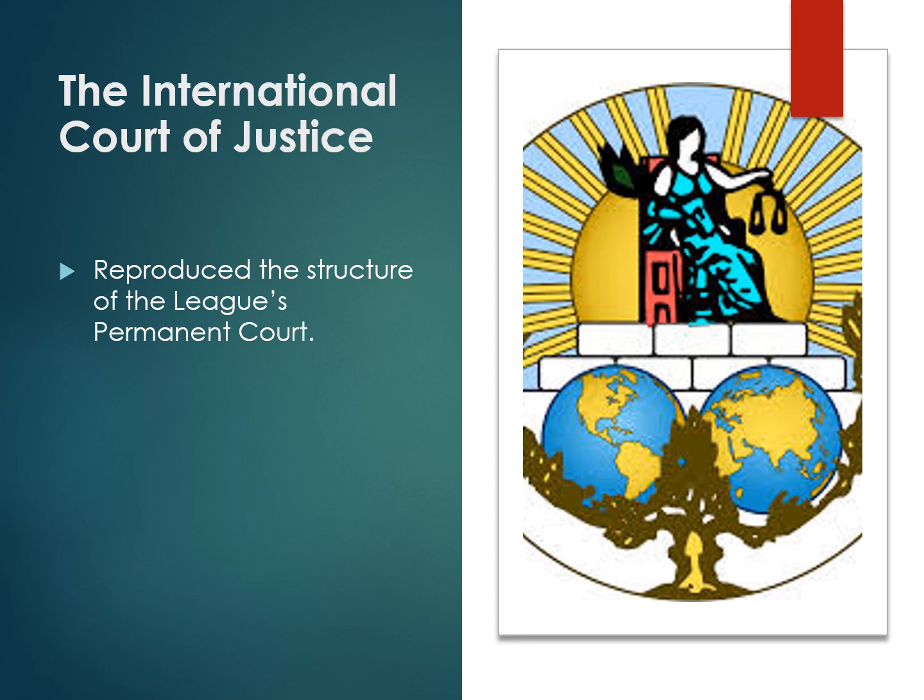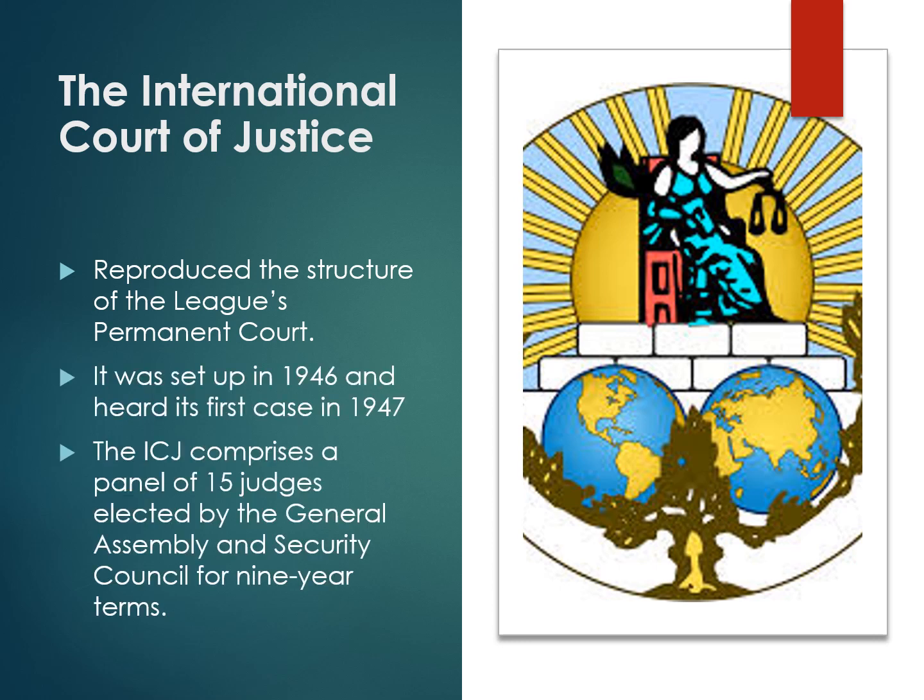That became the International Court of Justice. It was set up in 1946, and it would comprise a panel of 15 judges elected by the General Assembly and Security Council for 9-year terms. So again, this was something that carried over. There was a lot of continuity between the ICJ and the League's permanent court.